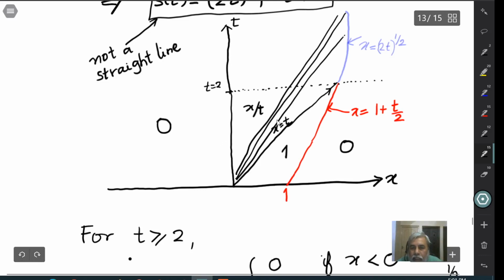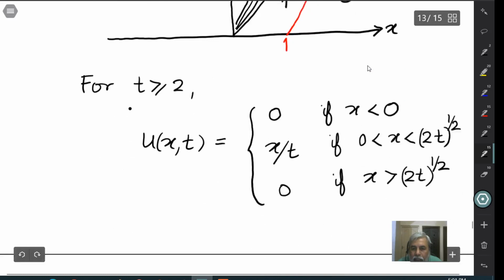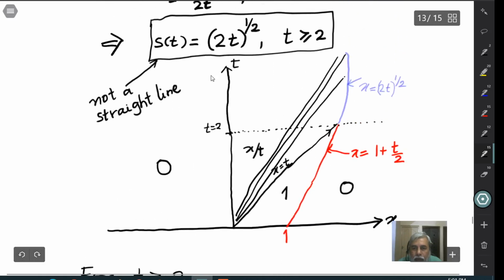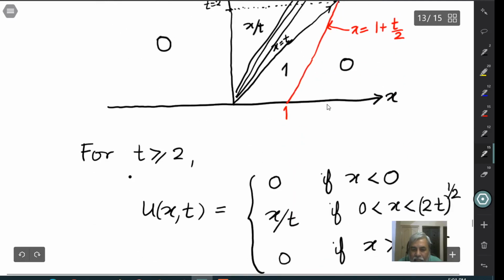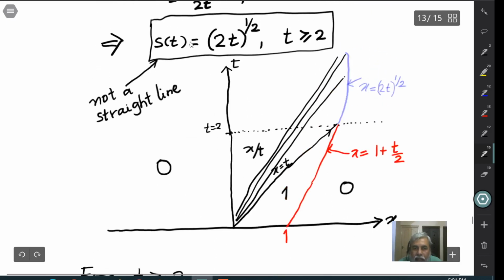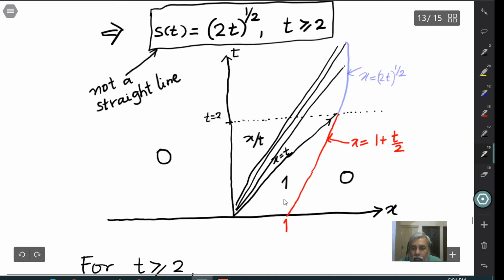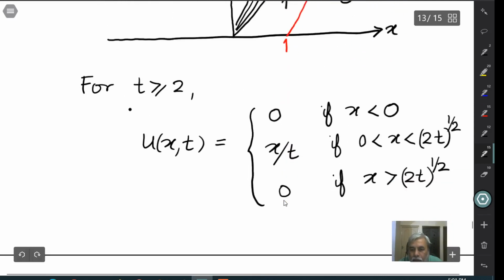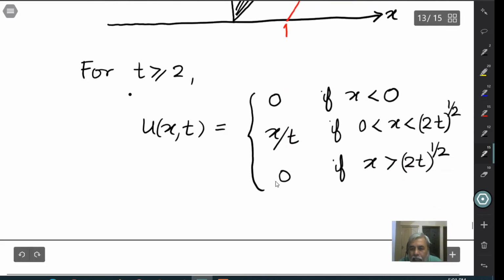And beyond t equal to 2, the solution is now given by again 0 for x less than 0, and in this region it is simply x by t. Okay, 0 for x less than 2t to the half. Then that is our new shock curve, and beyond that again it is 0.